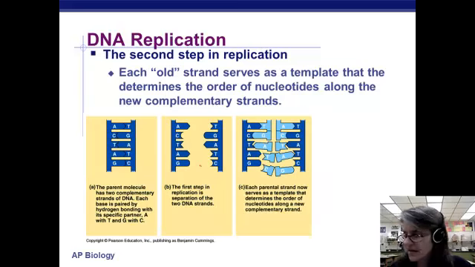Then we have enzymes in place in the nucleus of the cell that can come in and grab a T from the nuclear soup and add it opposite this A, a G opposite this C, an A opposite this T, a T opposite this A, a C opposite this G, and do the same for the other side, an A opposite T, C opposite G, T to A to T, G to C, and so on.